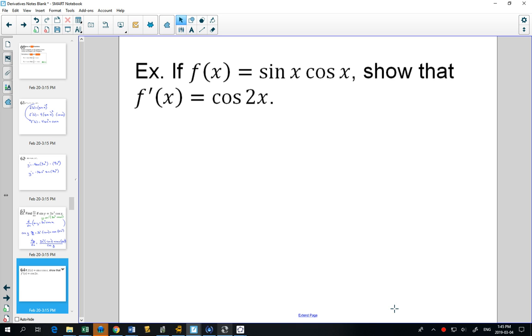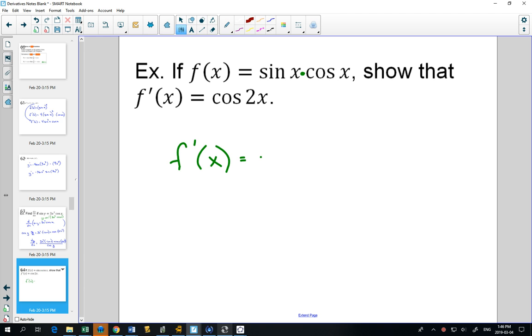If f of x equals sine x cos x, show that the derivative is cos 2x. Well, we can start by doing our derivative like normal. Can you see that there's two functions here with x with a product in between? So we would have a product rule.